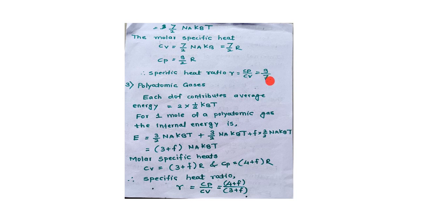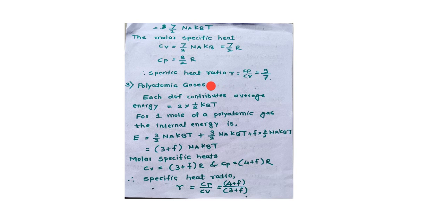Now for polyatomic gases. So what are polyatomic gases? Gases which have molecules containing more than 2 atoms are known as polyatomic gases. For example, ammonia, NH3, has 1 nitrogen atom and 3 hydrogen atoms.